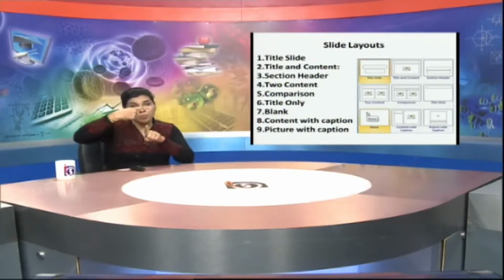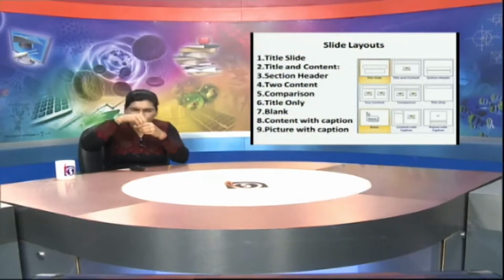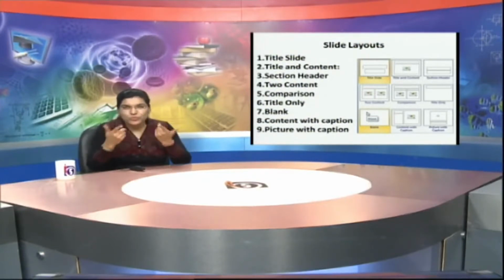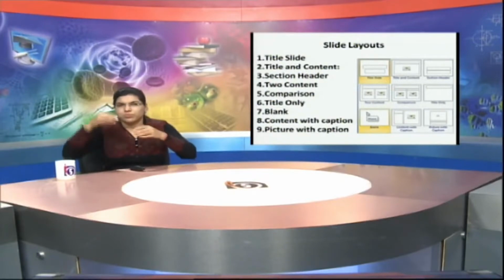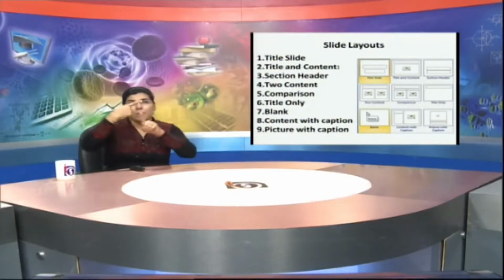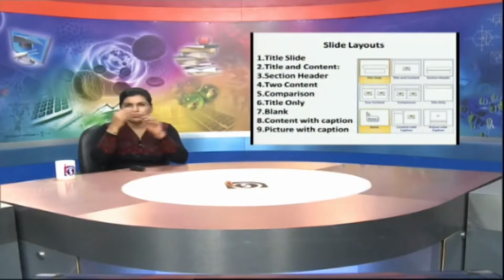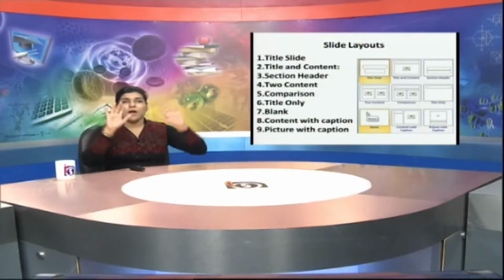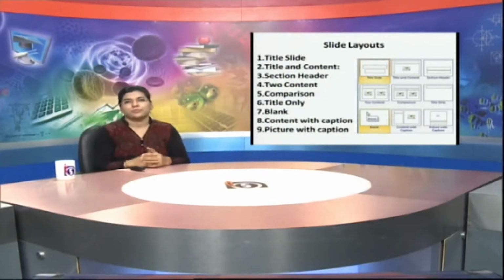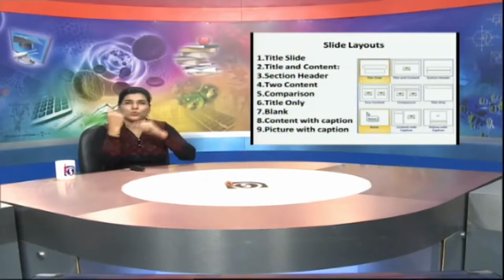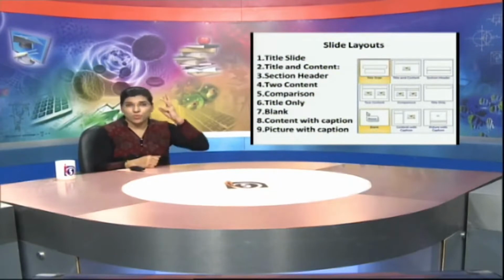Second is title and content, where you can add the title and add content. Content could be graph, text, photograph, images, anything you want. Third is section header, where you can only write the content.